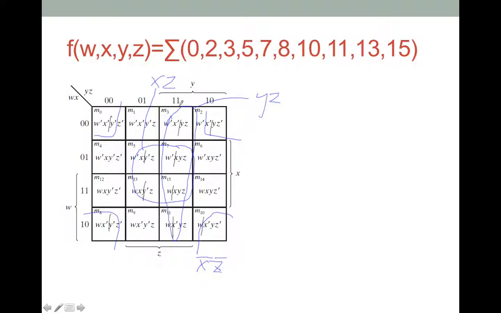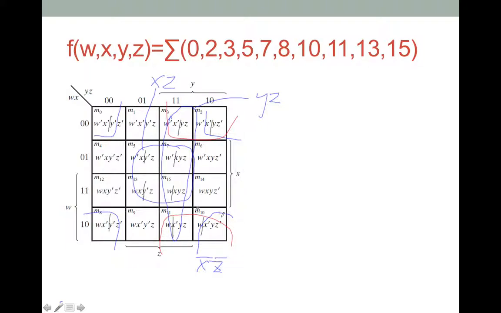And then there is another prime implicant which you sometimes miss to see. So that is, here we have a 2, and then here we have another 2. So that is a prime implicant. A prime implicant is a group which is not a proper subset. So these 4 together, there's no larger group which completely includes these 4.